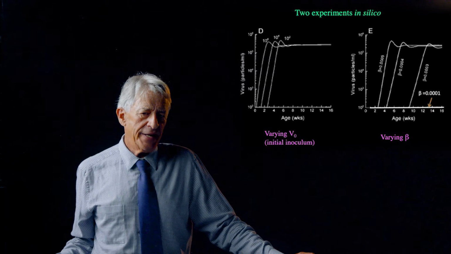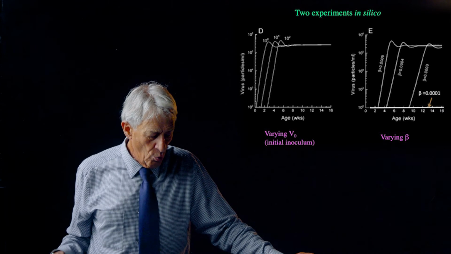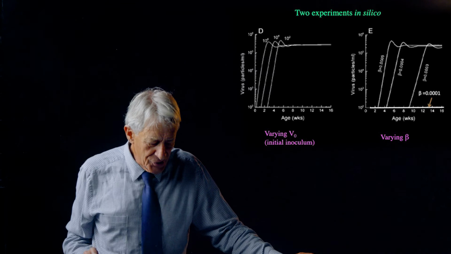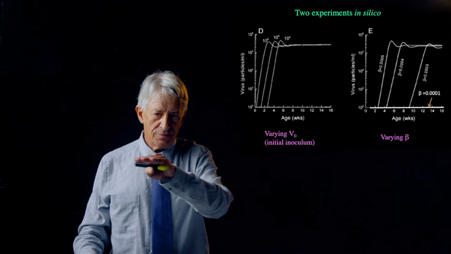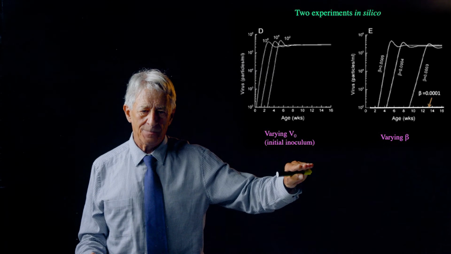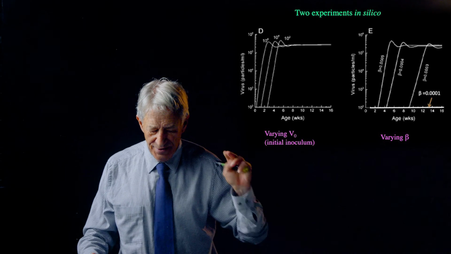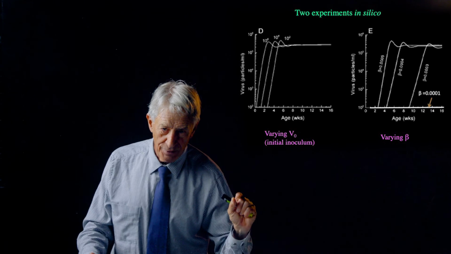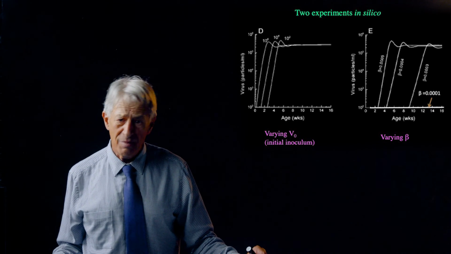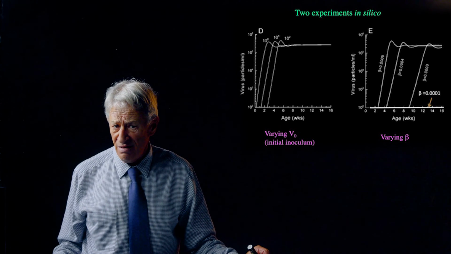When we set beta equals 0.001, however, the result goes to 0 and stays there. In other words, there is your therapeutic window. The therapeutic window is between beta equals 0.001 and beta equals 0.003.